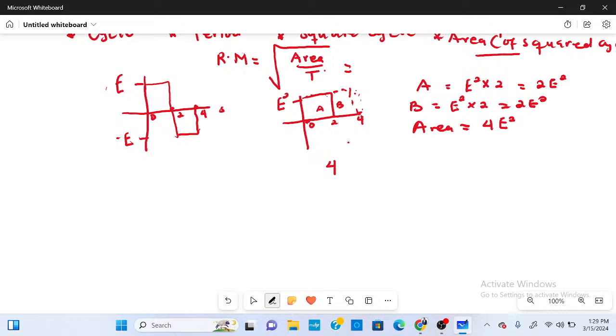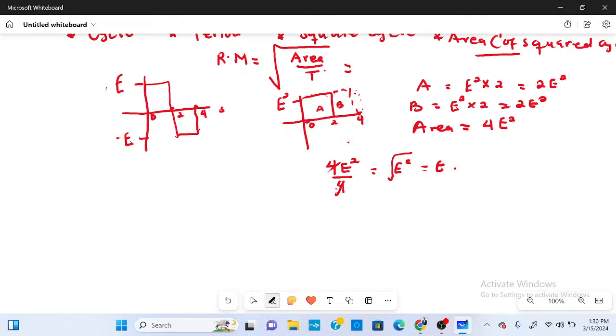So 4E squared, which is my total area, all over my period 4, and this is giving me E squared, because the 4 will cancel this 4. But for root mean squared, I said we take the square root of your final expression. So taking the square root of this, I'm going to get my final root mean square value as what? E. And that is that.